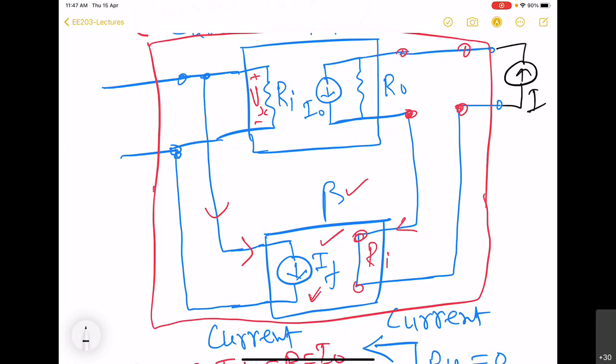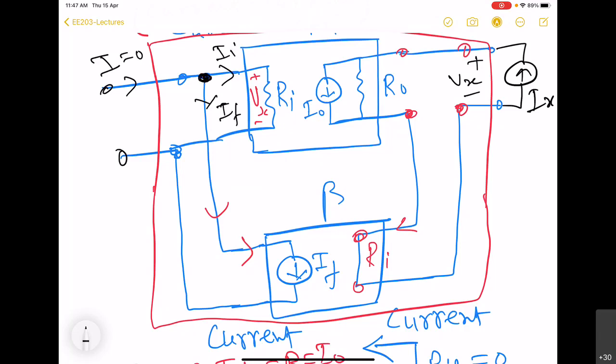So we excite using IX and then try to find out what will be Vx. So we have here zero current. This current is equal to 0, but there will be current here, II, and there is an IF current here.